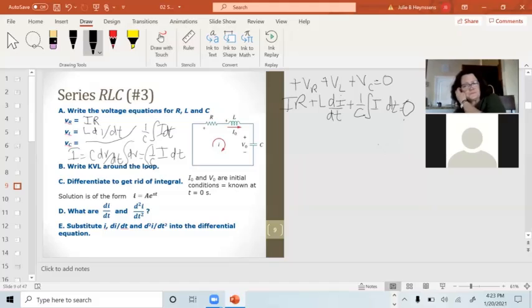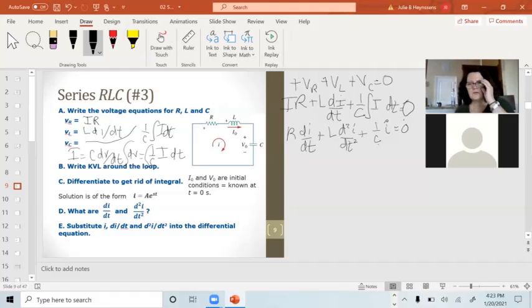All that equals 0. Well, now I've got an integral differential equation, is what the mathematicians call it. In order to clean this up a bit, I'm going to take a derivative of the entire equation. And if I take the derivative of this, I get R di dt, I switch to lowercase, plus L d2I dt squared plus 1 over C times I equals 0.